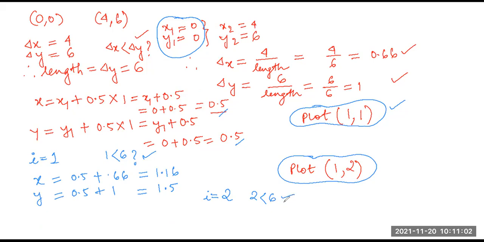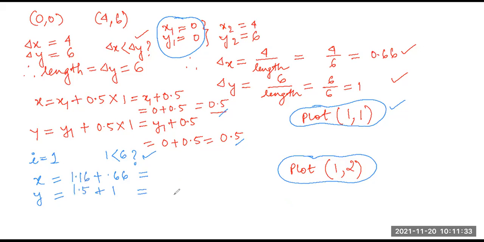The new x and y will be the old decimal values of x and y plus del x and del y. What is the old value of x and y in just the previous step? 1.16 and 1.5. Fine, good.